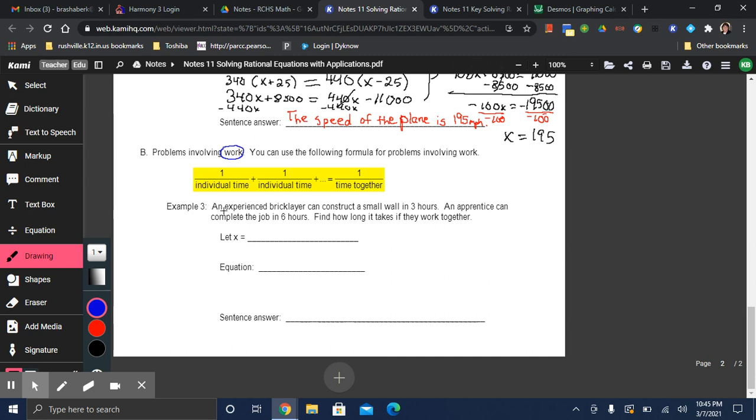So in this third example, you have an experienced bricklayer can construct a small wall in 3 hours. An apprentice, that would be somebody just learning, can complete the job in 6 hours. So it would take them longer naturally. So you're asked to find how long it takes if they work together. And so that's the variable description, would be the length of time working together.